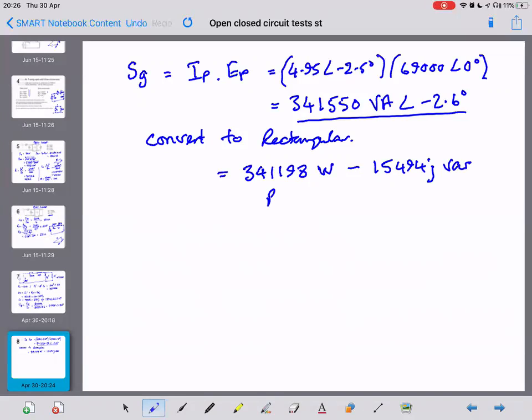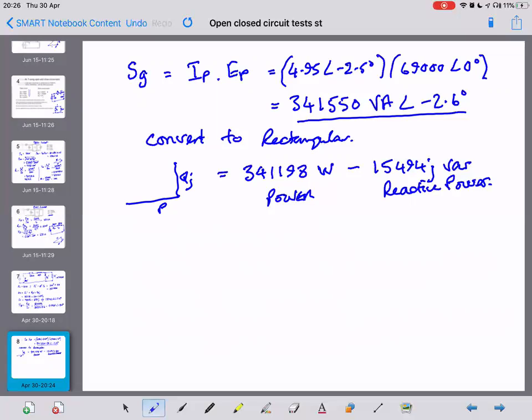So you've got your power here and your reactive power here, just by converting that polar S into its horizontal and vertical components, because remember the rectangular form is P plus QJ.